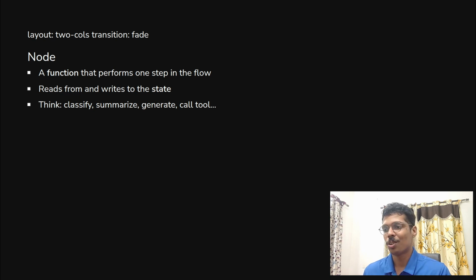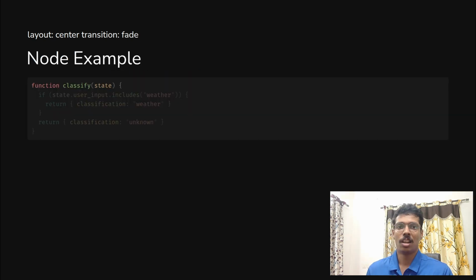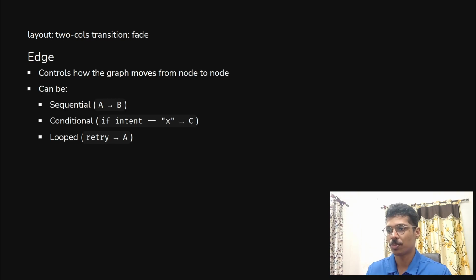It can do major steps like classification, summarizing, generating, calling tools, etc. A node can be any function. You can write a method, and for example, here as you can see, there is a function classify state, and it has a couple of classifications including weather and unknown. If the classification is weather, the state is updated as weather, otherwise it's updated as unknown.